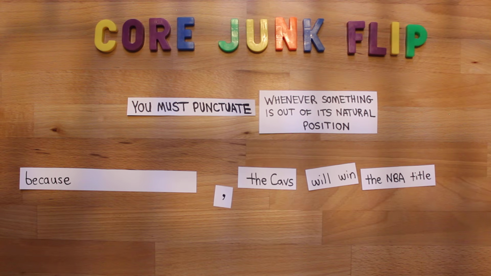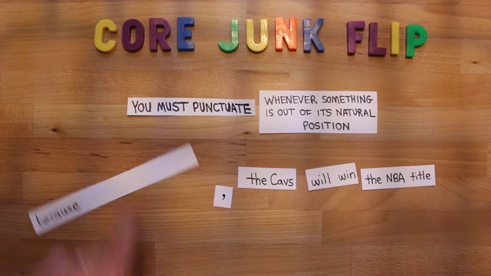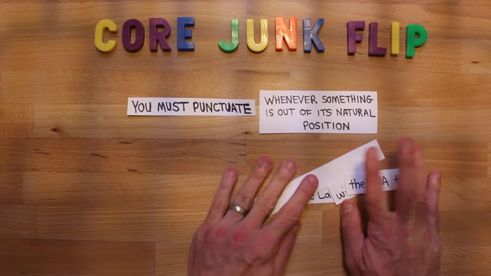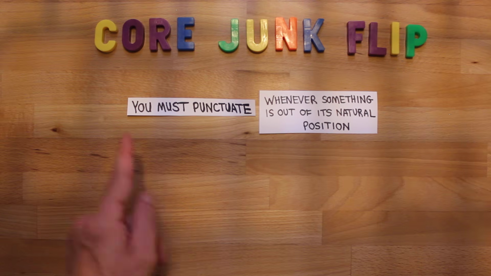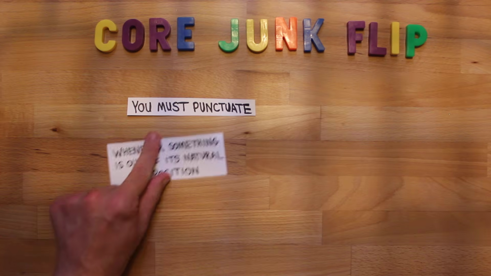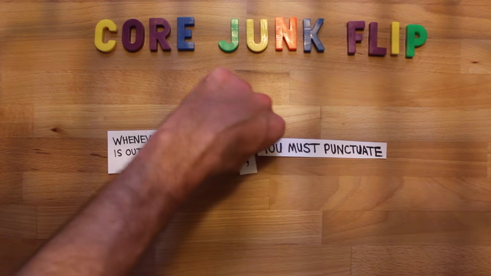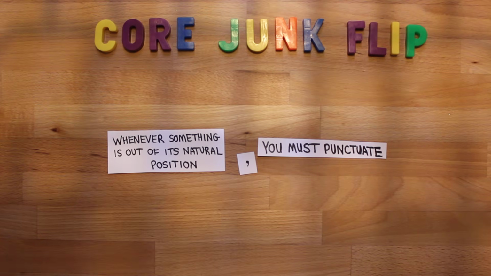And that's how it works. This is core junk that's been flipped to the front. So remember, you must punctuate whenever something is out of its natural position. Or, as I like to say in my classes, whenever something is out of its natural position, comma, you must punctuate. Period.